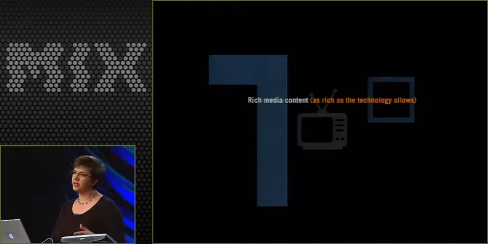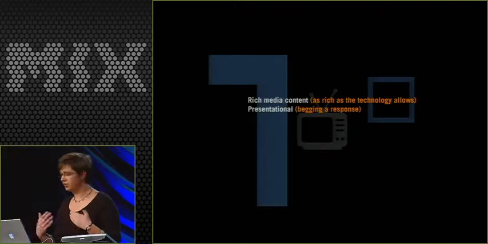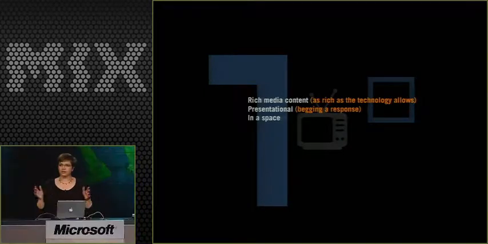We're talking about rich media content here. People have an expectation of the kind of graphics that they're seeing on their TV. So we need to make the most of what broadcast graphics can do. We just talked about content being presentational and sequencing that for the user to be able to digest. We also find that when we're developing these interfaces, often they exist in a sort of physical space, because you have to design to accommodate such a breadth of content, but you want to keep the user focused on their current experience.